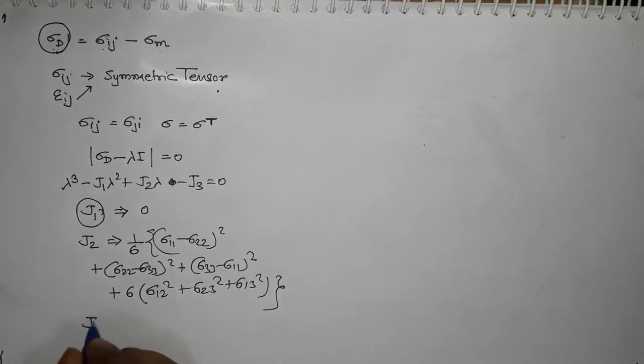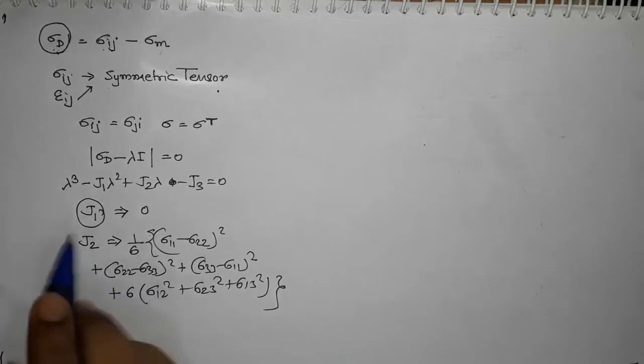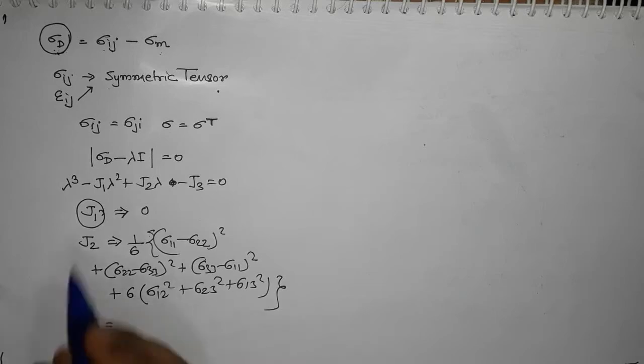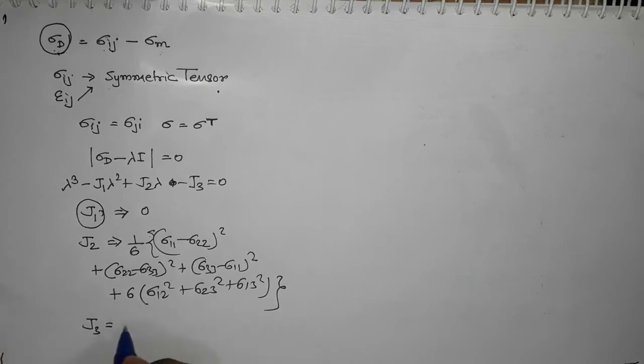And J3 will be the determinant of sigma d, right? And the determinant of any matrix is actually the multiplication of the pivot points. So if you make the lower triangle 0 somehow, then you just have to multiply the diagonal elements, and that will be the value of the determinant.